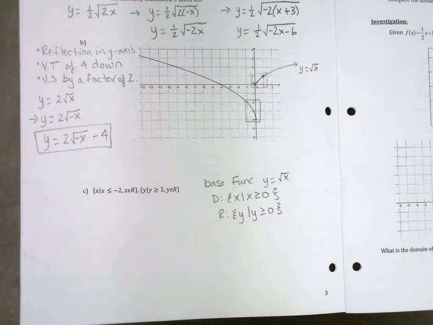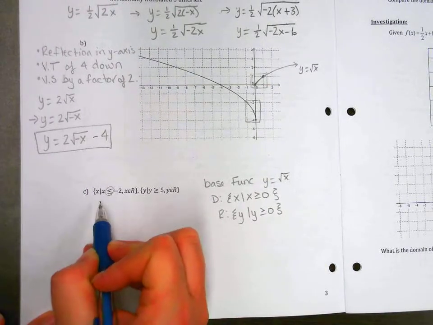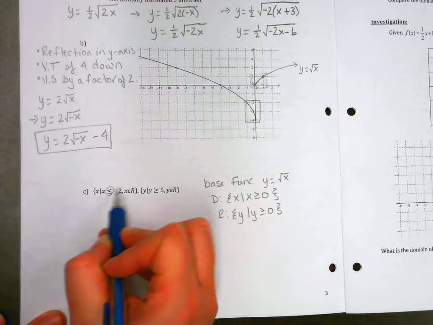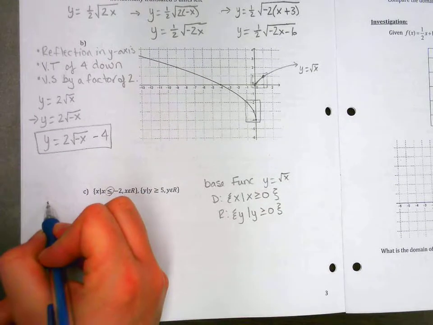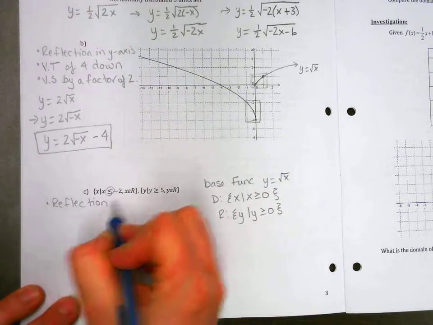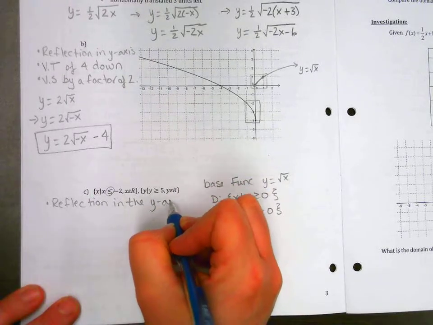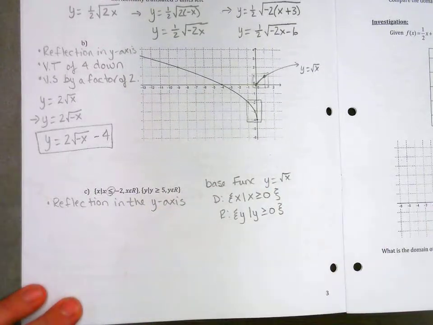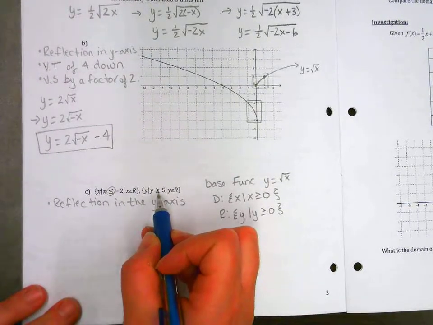So when I look at this, my domain, the inequality has changed from a greater than sign to a less than sign. So this tells me there has been a reflection in the y-axis. The inequality did not change for the range, so there's no vertical reflection.